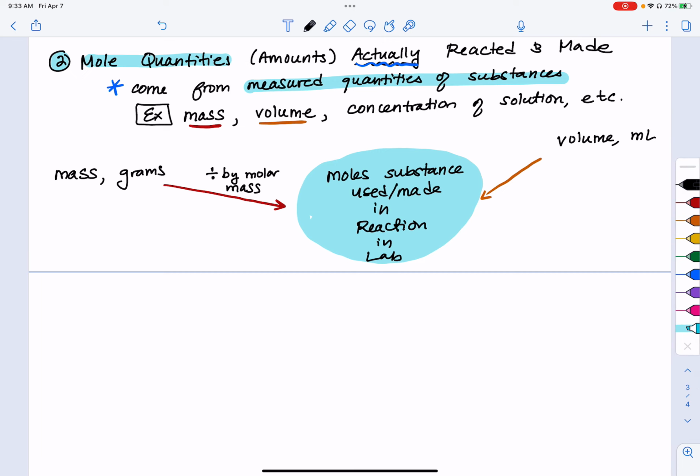So if I were to take my volume in milliliters, I could first get that into a mass of my liquid in grams using my density, specifically multiplying by density.